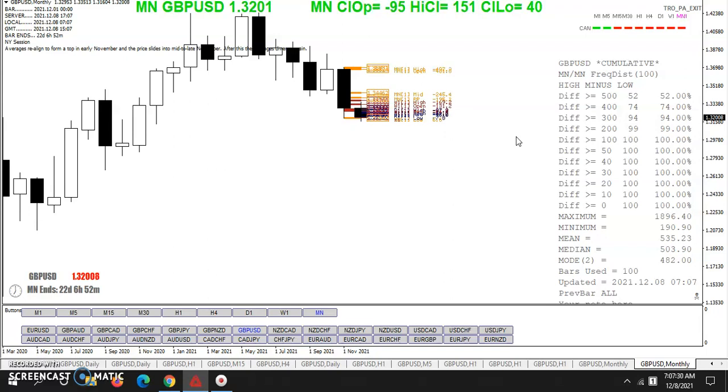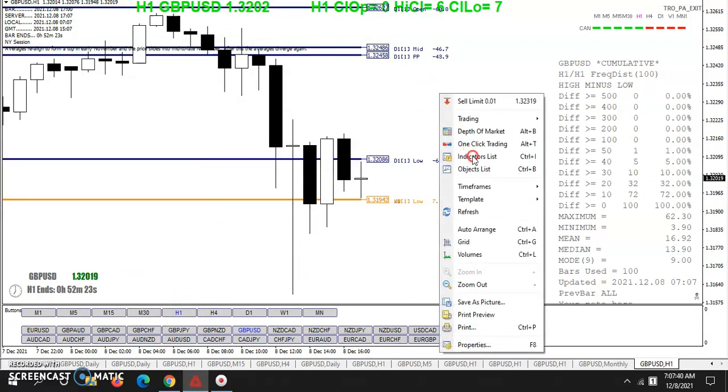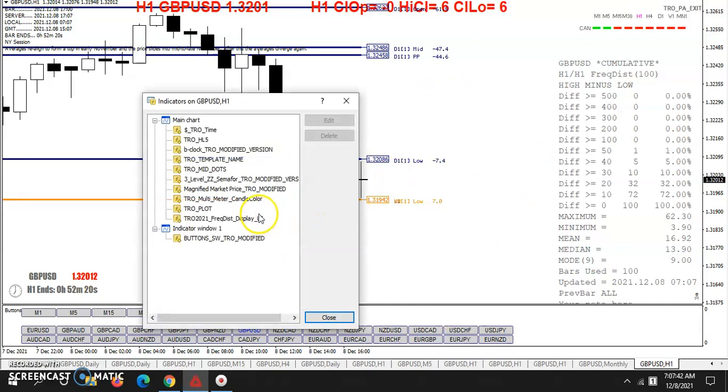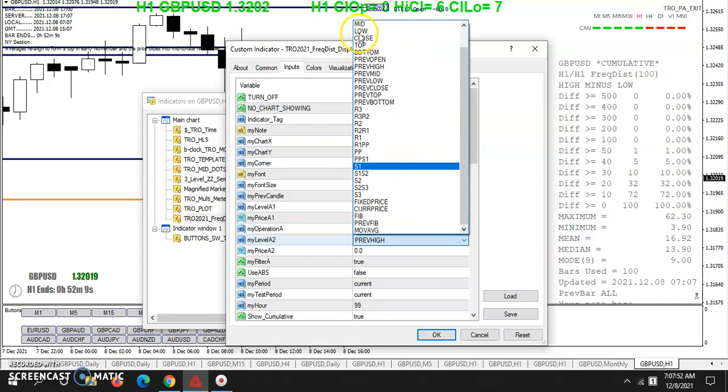But this is just a simple way of using horizontal lines to your advantage and taking advantage of the range. So let me go in here, hit the reset button, put this option back to low.